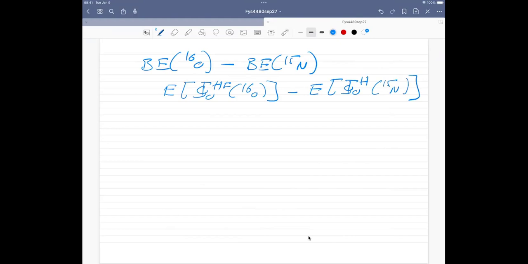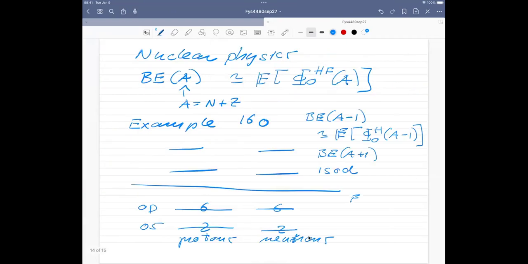Now, if I do that, this difference which I have here is going to be equal to the gap in energy between a state. So we take out this state here. And the last state here is actually what's labeled as a P1/2 state.